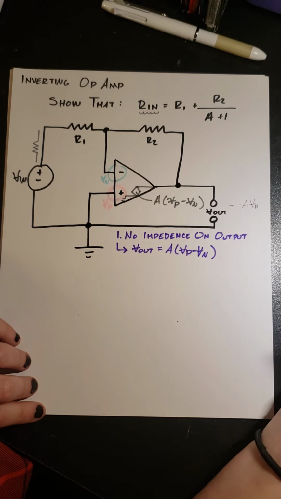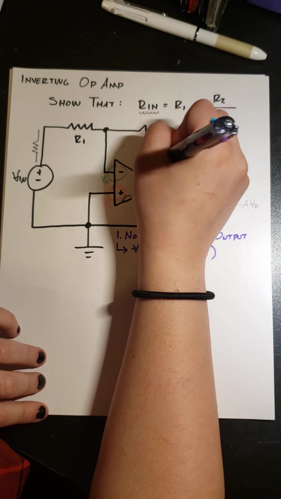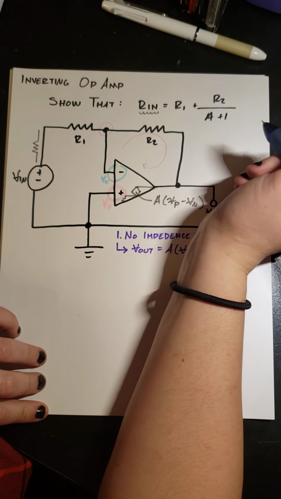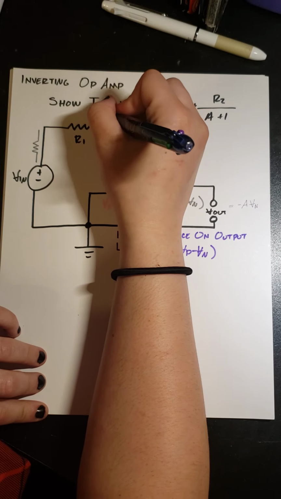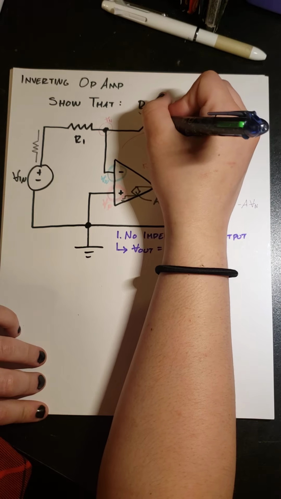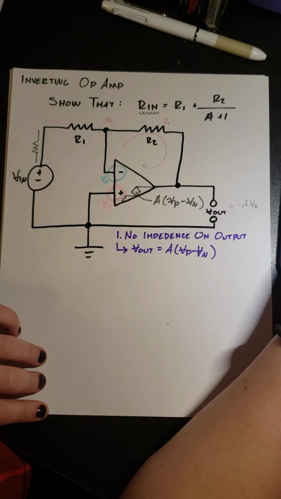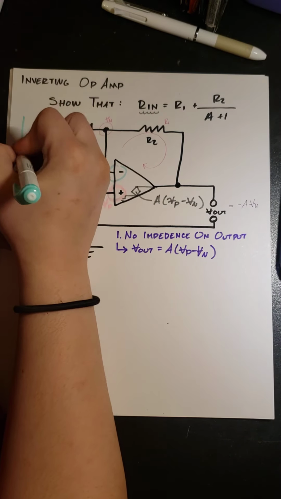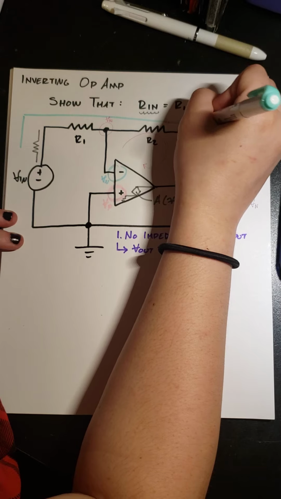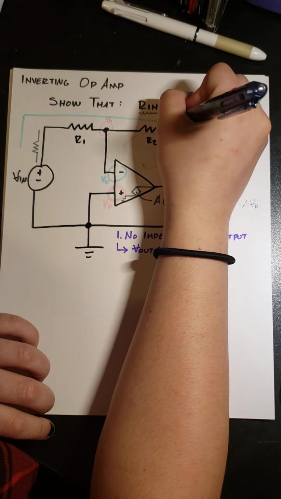So after getting that, we're going to look at the loop here. We start with this voltage, V in. The voltage here is R2 times some current. We already talked about that current: it's In.